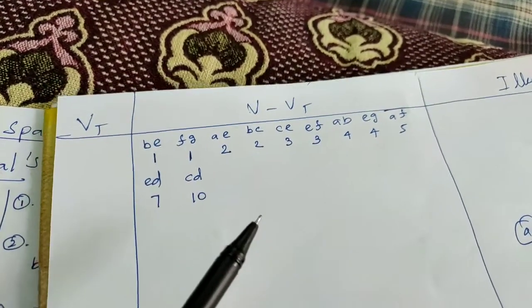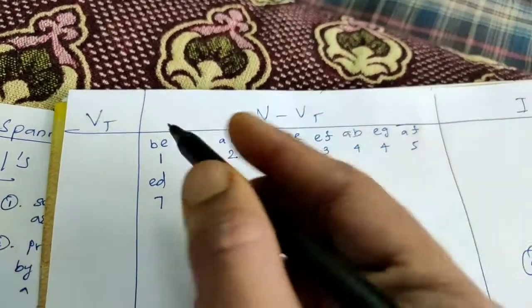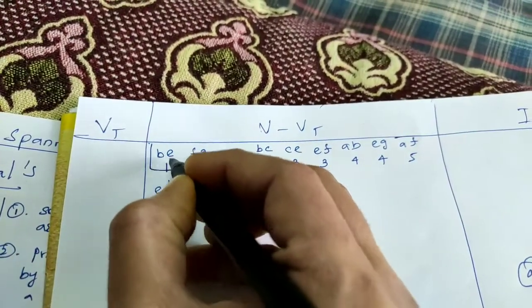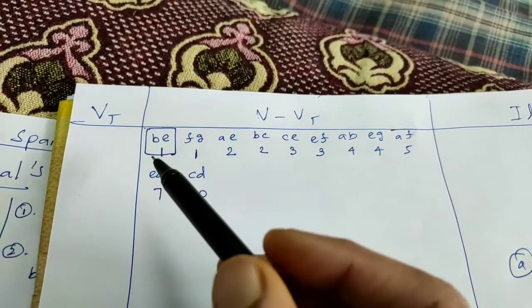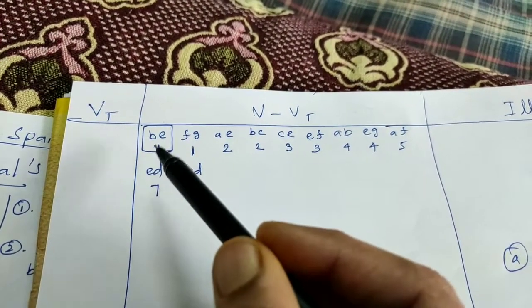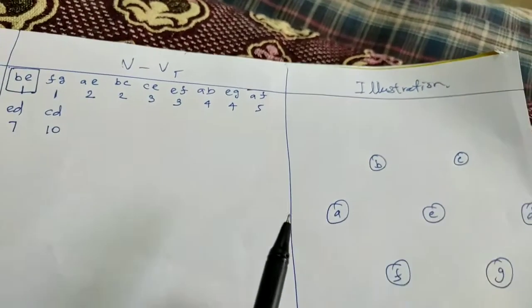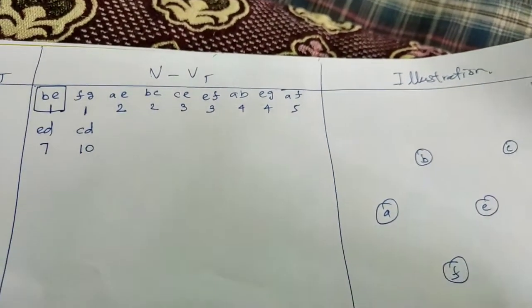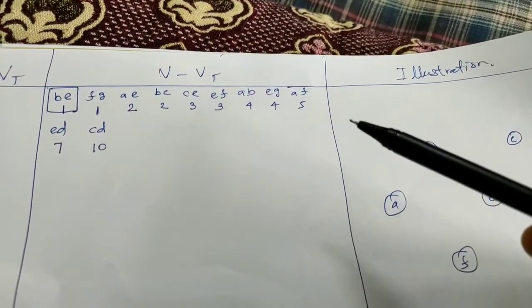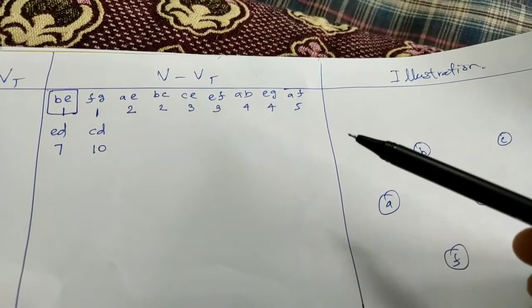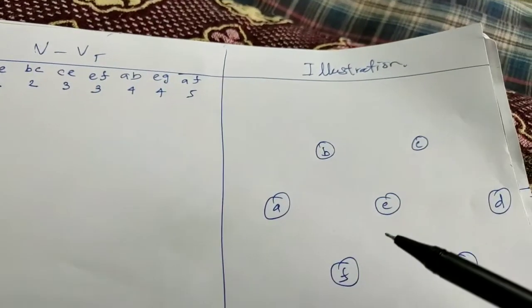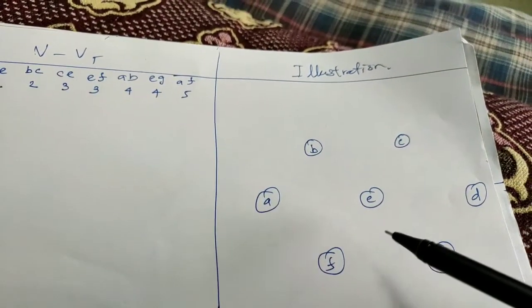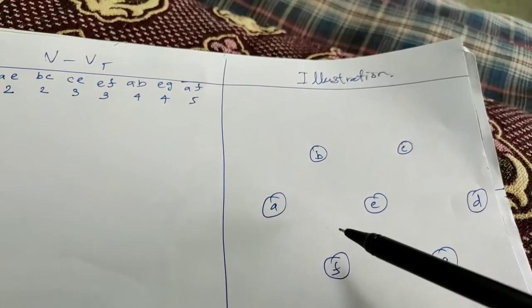Now after doing that, second step is select the edges and process. I have selected the first edge in the order, that is BE with weight 1. Now after selecting, I have to process this edge by checking whether, if I include this edge in the spanning tree, it will form a cycle or not.